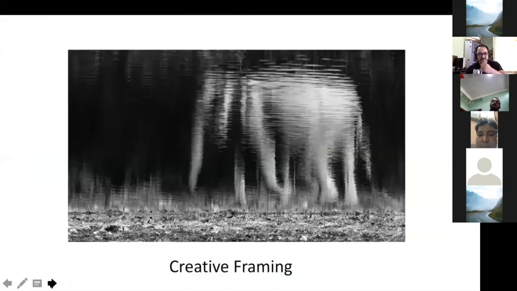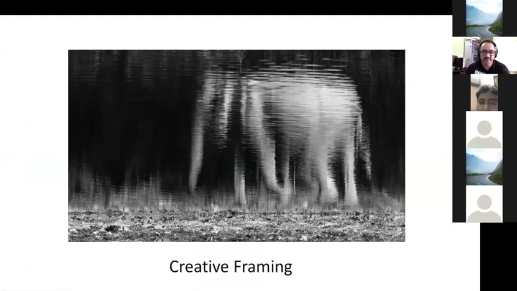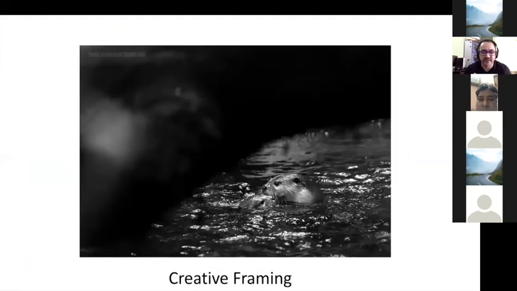Now, sometimes there can be some creative framings which do not necessarily follow certain rules. They may follow certain rules, but you can always experiment with your images. Sometimes you can, in fact, use some of the obstacles to your advantage. For example, this is an image of two otters playing.